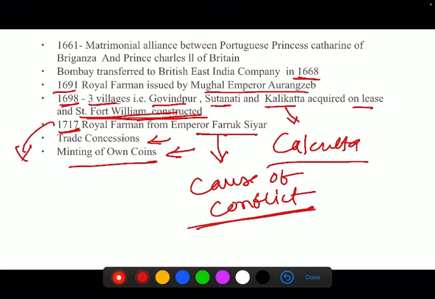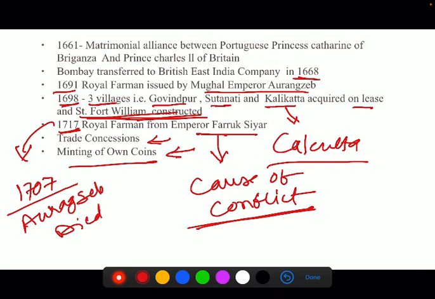I would like to inform you that by 1707 Aurangzeb died, and this caused weakness of the Mughal Empire slowly. So the British got the opportunity to put their demands very thoroughly, very dominantly.